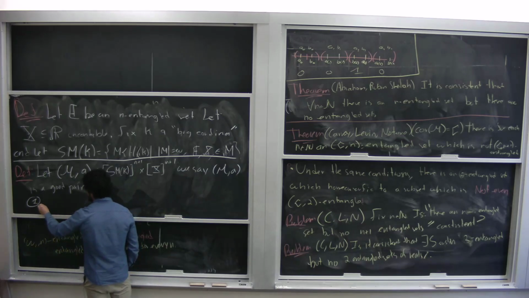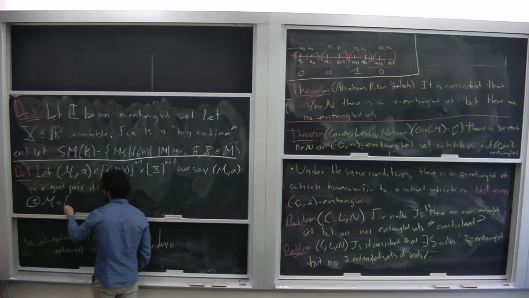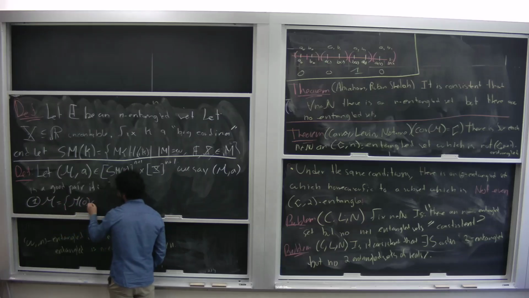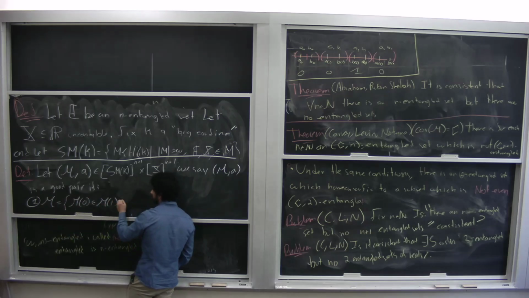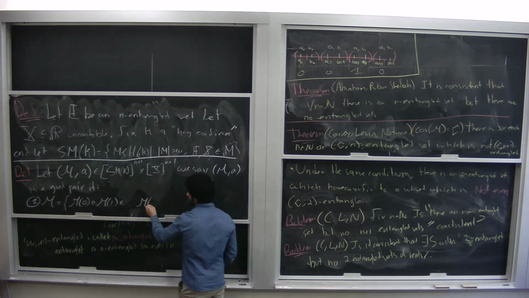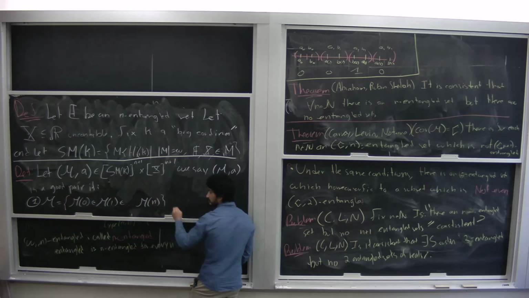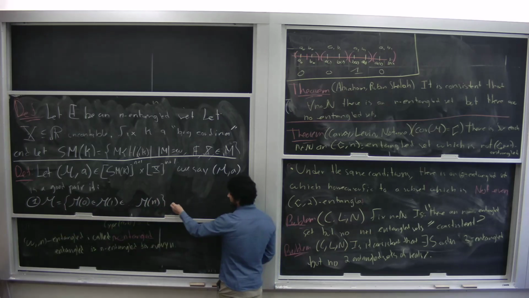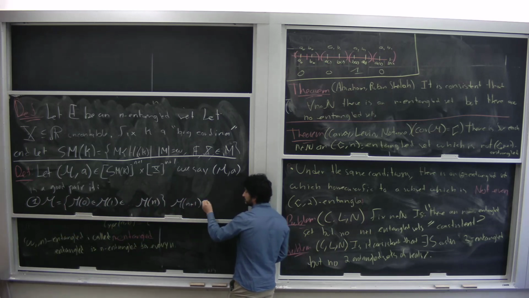So M equals M_0 up to M_n, and M_{n+1} is the universe, just by notation.